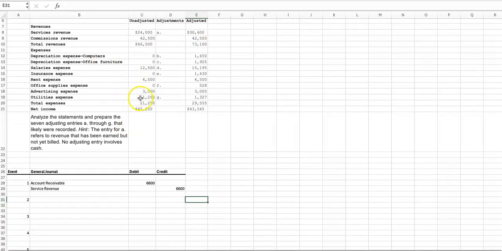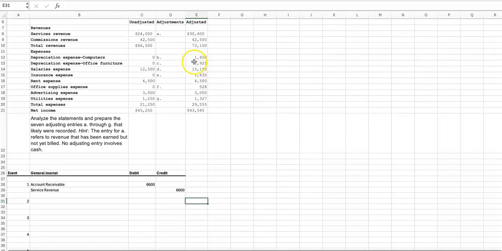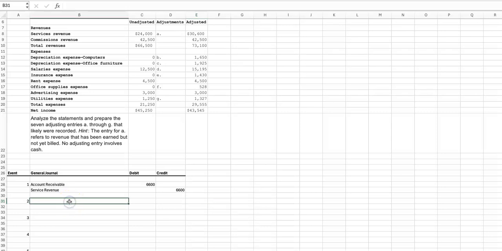For B, there's a $1,650 adjustment. This one is a depreciation expense, and it's pretty self-explanatory. For the debit, we know that expenses are always debited to increase them. So the depreciation expense for computers is going to be $1,650.